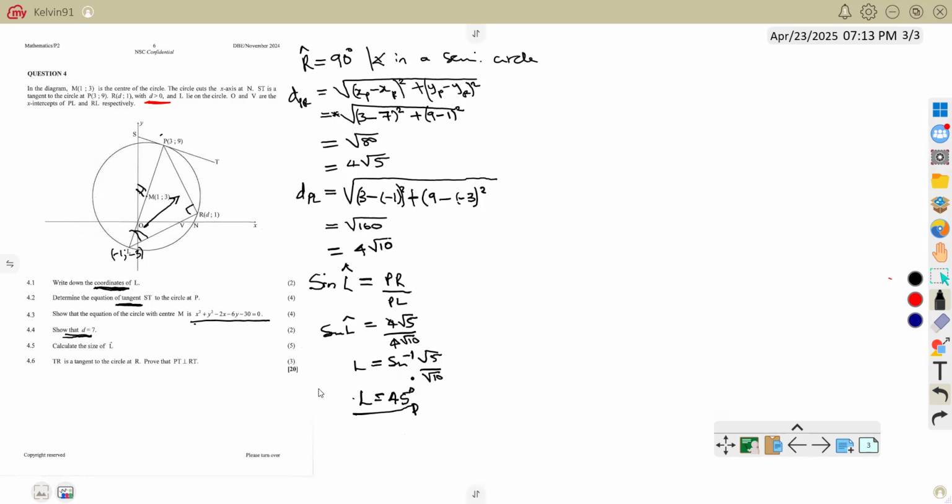So alternatively, it was possible that you calculate the length of the third side. So you calculate the distance of RL.